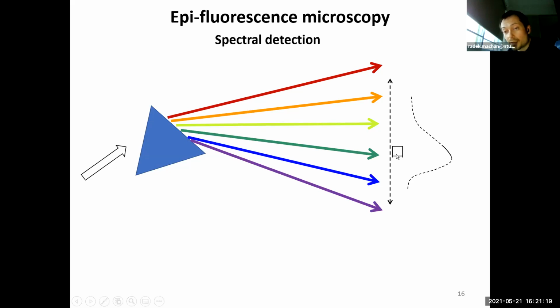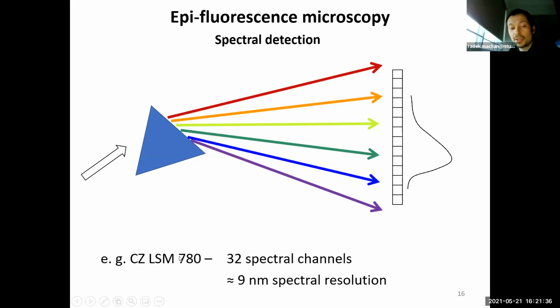Either I can scan the spectrum over the detector, as is done on the Leica confocal, or I can have an array of many detectors which can capture the whole spectrum at once. This is how it is done in the case of Zeiss confocals. They have 32 detectors, each looking at a 9 nanometer spectral range.